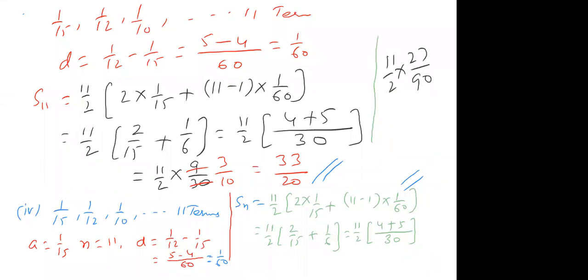This is also the same thing. Cancel it with 9: 9 3s are 9, 10. Same, 33 upon 20. Okay, correct. But in the final exam, you have to write the shortest possible form. So the best answer is 33 upon 20.